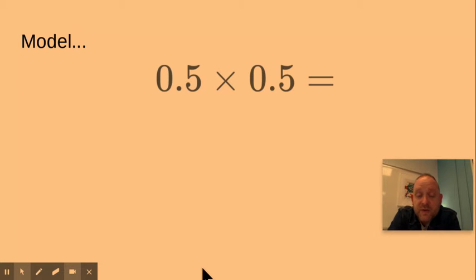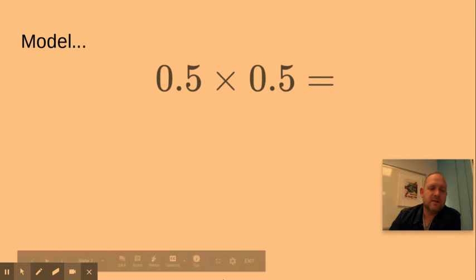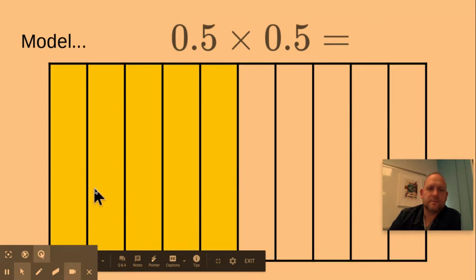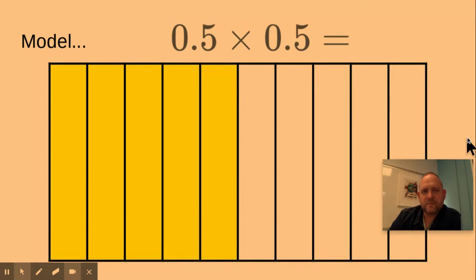So first of all, draw me a nice, long, fat rectangle with 5 pieces, kind of like this. Go ahead and draw this out. I've got 10 here because these are tenths, right? That's 5/10.